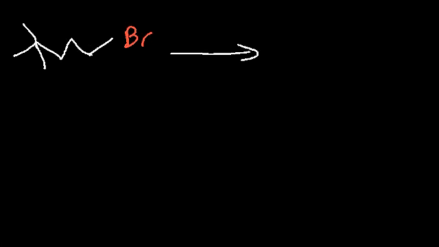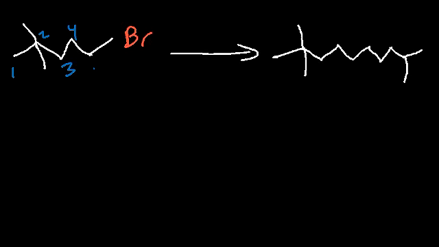So let's say we have the following alkyl halide. What reagents do you need to make this product? How would you do it? So let's count the carbons that we already have. 1, 2, 3, 4, 5.